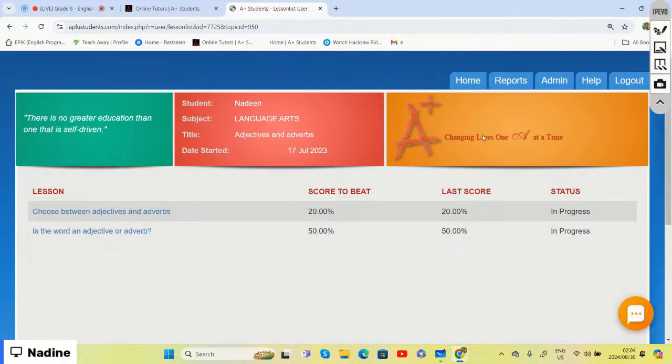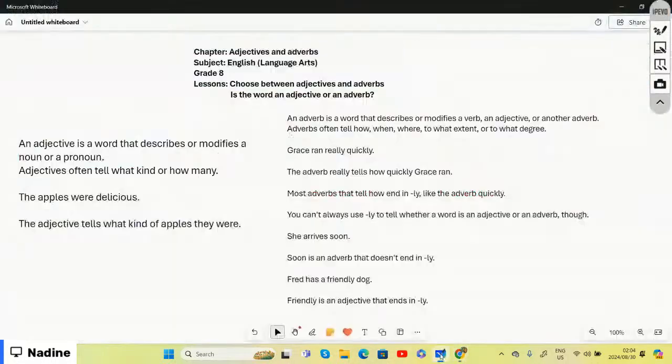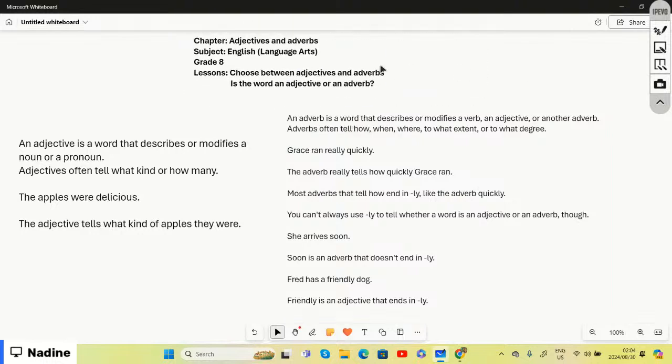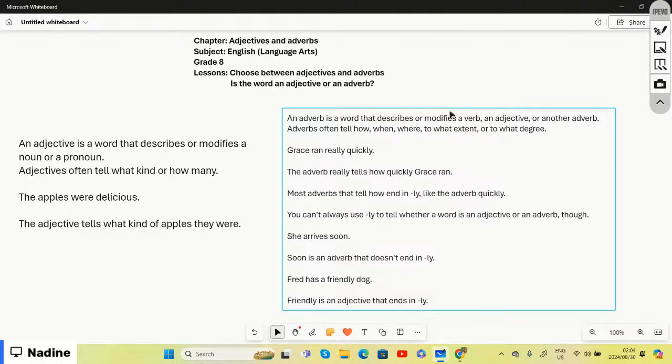All right. So our chapter is adjectives and adverbs. Our subject is English language arts, grade 8.